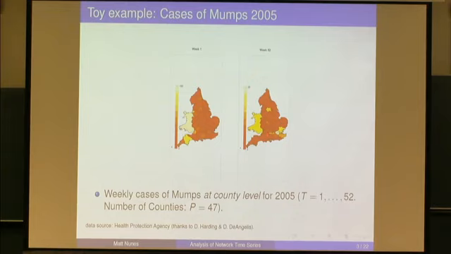So there's some degree of aggregation going on here, so all you know is the number of mumps cases per county, and this happens a lot in terms of the statistics that are collected across the UK, different time series obviously, but this level of aggregation happens a lot. And so this is obviously week 1 and week 52, so over a year the dynamics of that process might change from week to week. And there are 47 counties in this particular example.